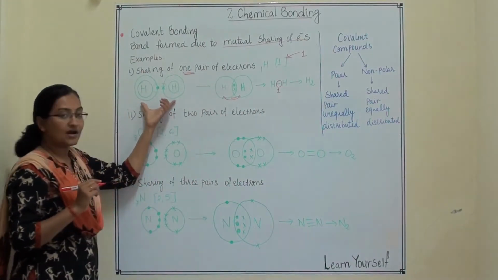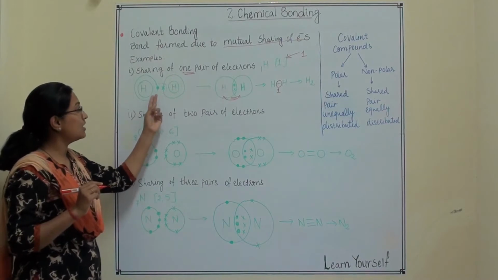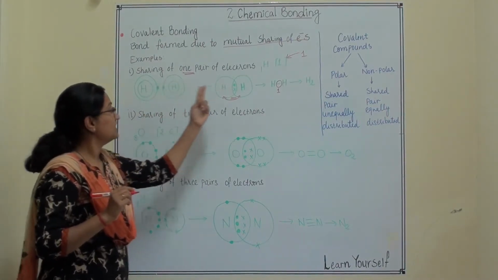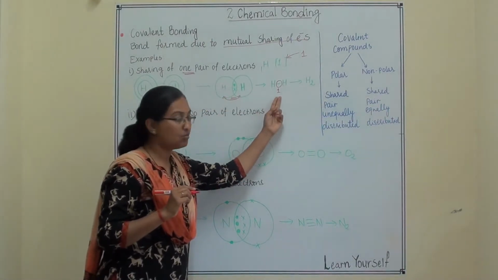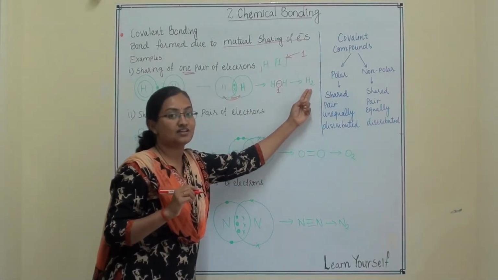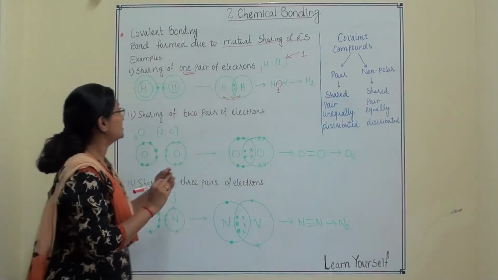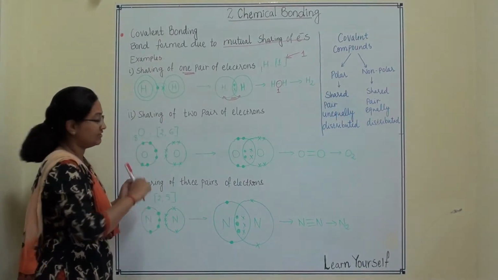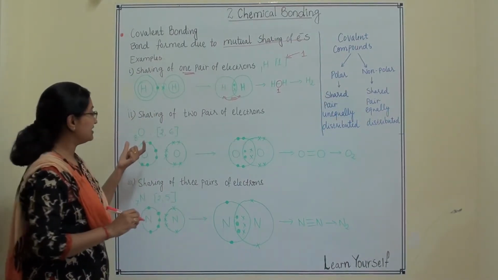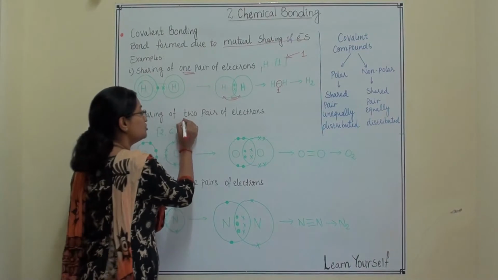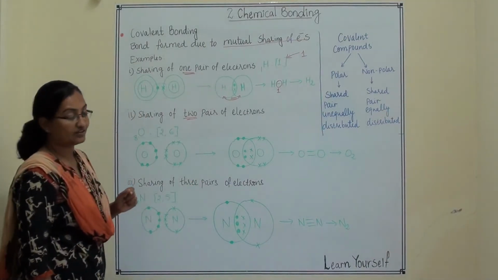Again, two hydrogen atoms share one pair of electrons, forming one covalent bond, and it becomes an H2 molecule. So this is by sharing of one pair of electrons. Another example we'll take is where two pairs of electrons are shared.